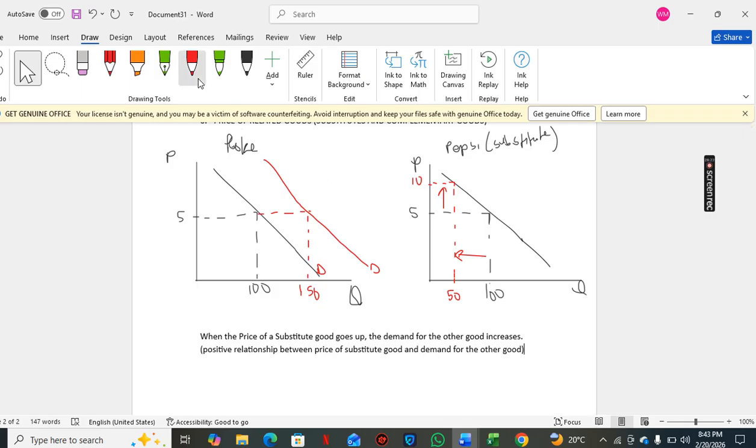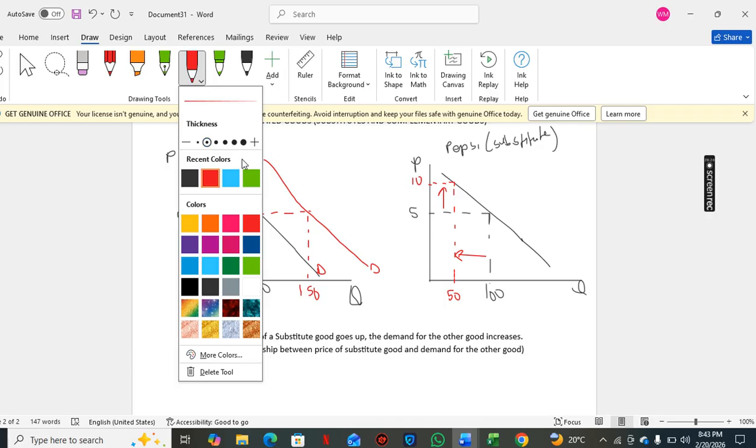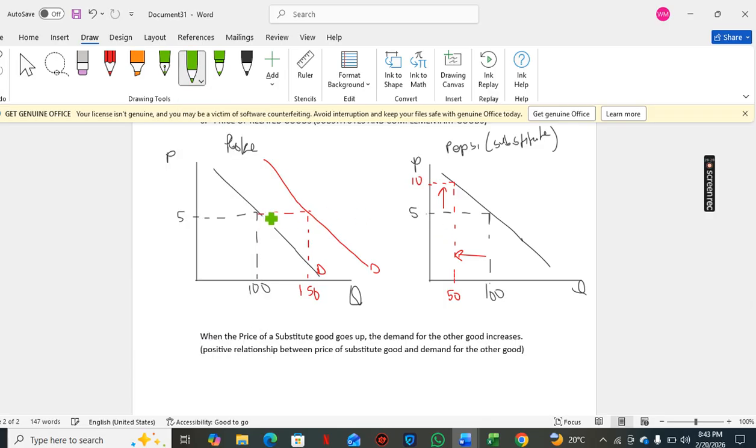And the other way is also true. Let's say for example, again Pepsi and Coca-Cola both start at 5 kwacha each, then the price of Pepsi drops to 2.5 kwacha. By the price of Pepsi going down to 2.5 kwacha, it's cheaper than Coca-Cola.